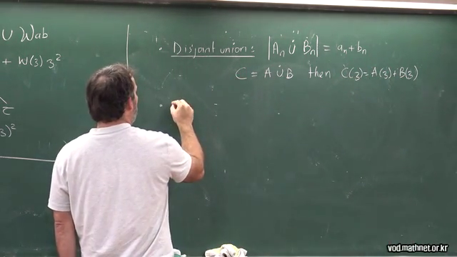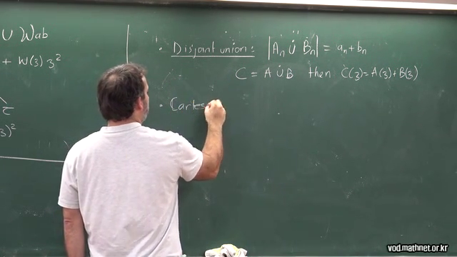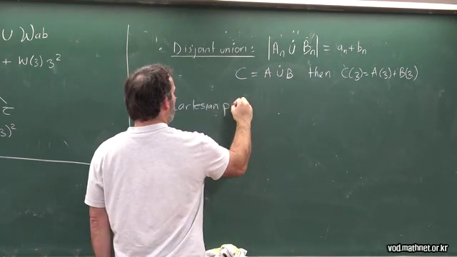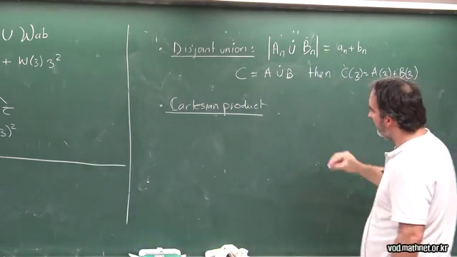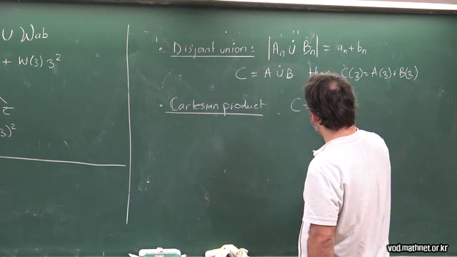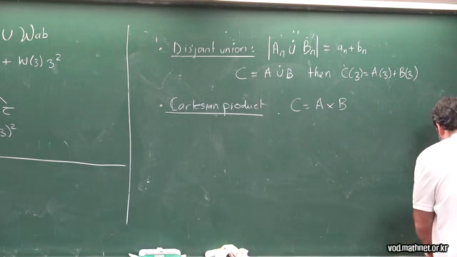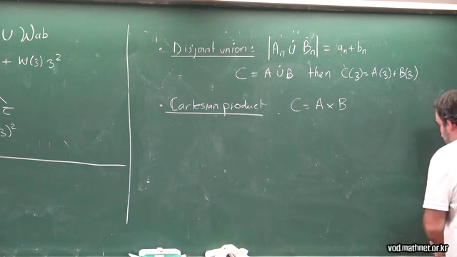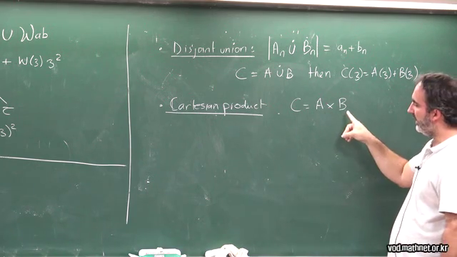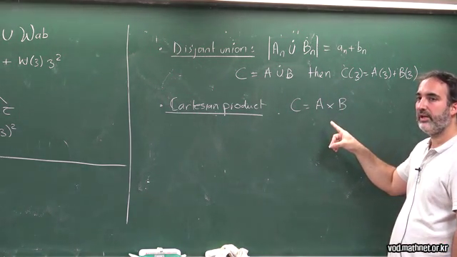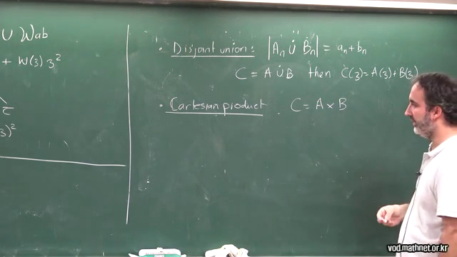Okay, so the important thing is the Cartesian product. So I define C as the Cartesian product of my two sets. Elements of C are pairs of elements of A and B, and so I have to define the size I'm considering before doing something about combinatorics.